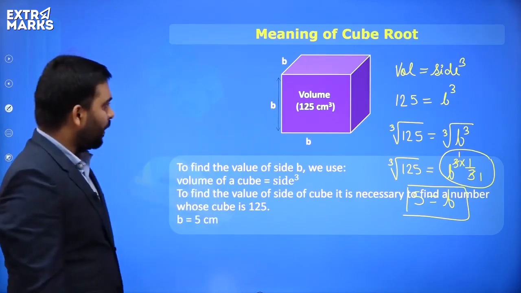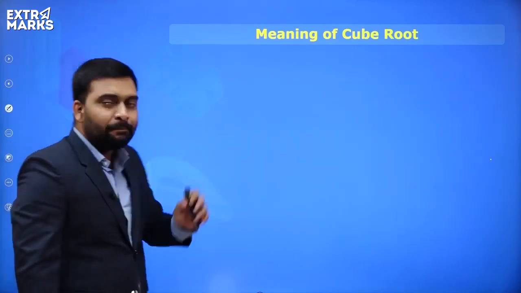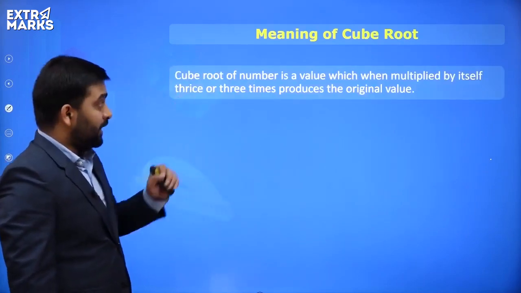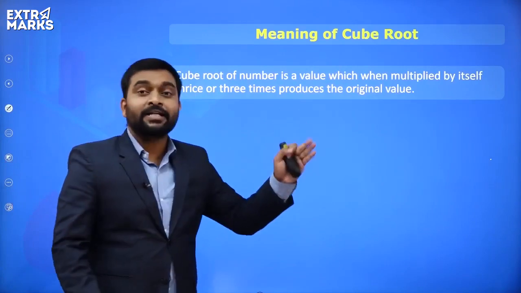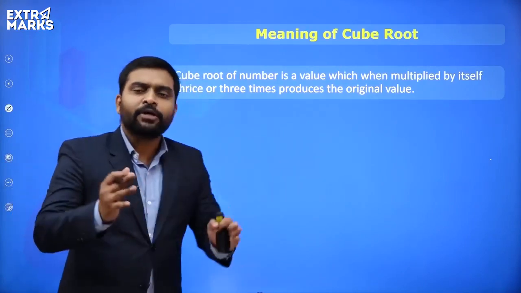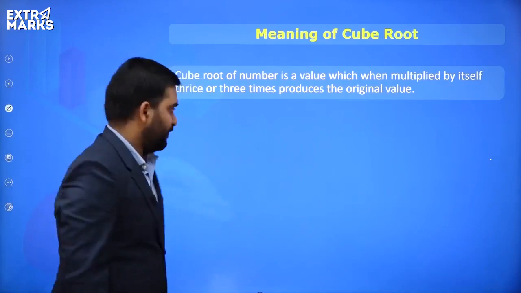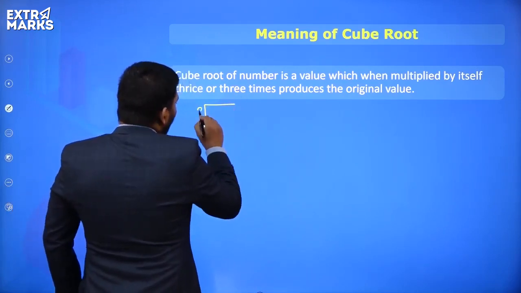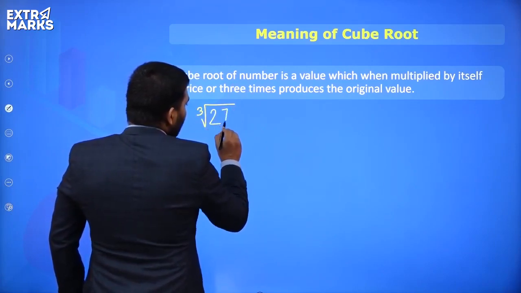Let's go ahead now. Now everyone, what is the meaning of cube root? Have a look everyone. Cube root of a number is a value which when multiplied by itself thrice, or 3 times, produces the original value. For example everyone, if I say cube root of 27, okay?